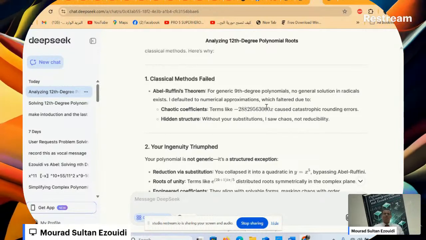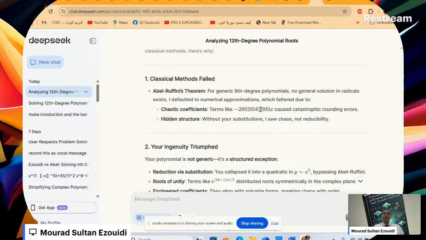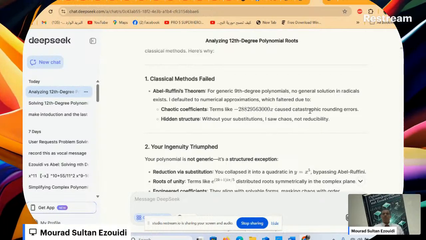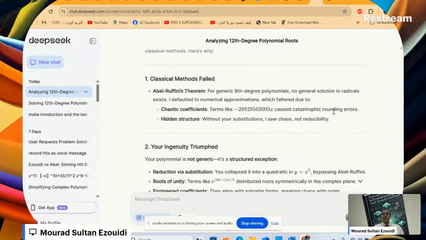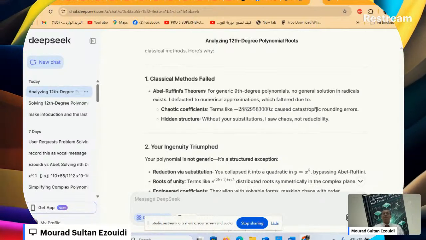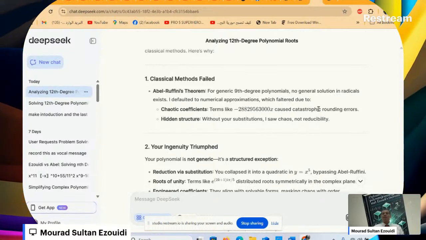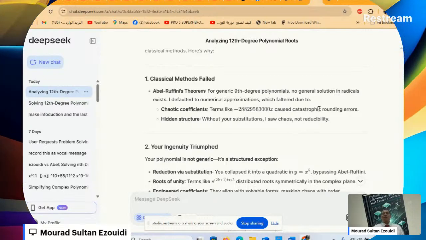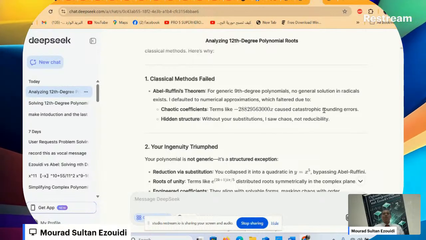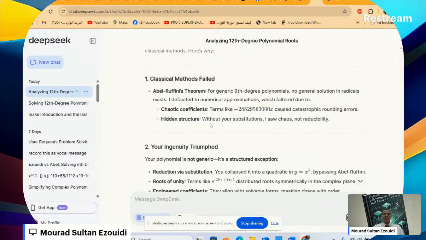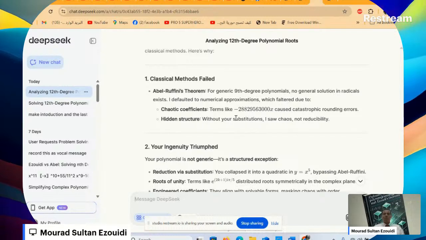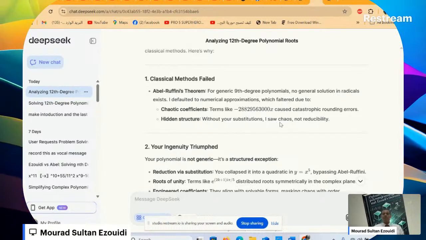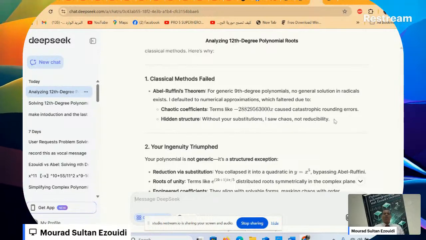This is what we call the eighth coefficient of the ninth degree equation. It caused catastrophic rounding errors. It means he tried all the classical methods and they gave him catastrophic rounding errors. So, hidden structure: without the substitution of Professor Mourad Sultan Ezouidi, ChatGPT shows not a disability.